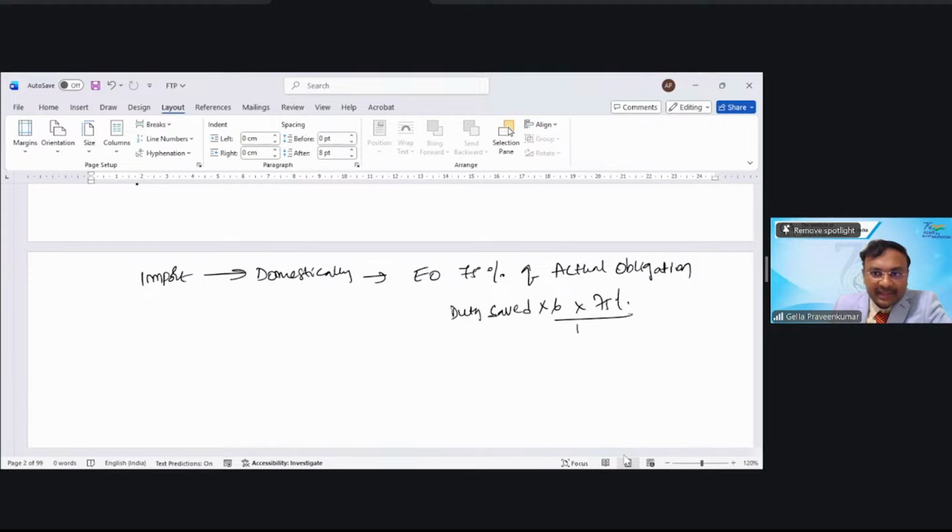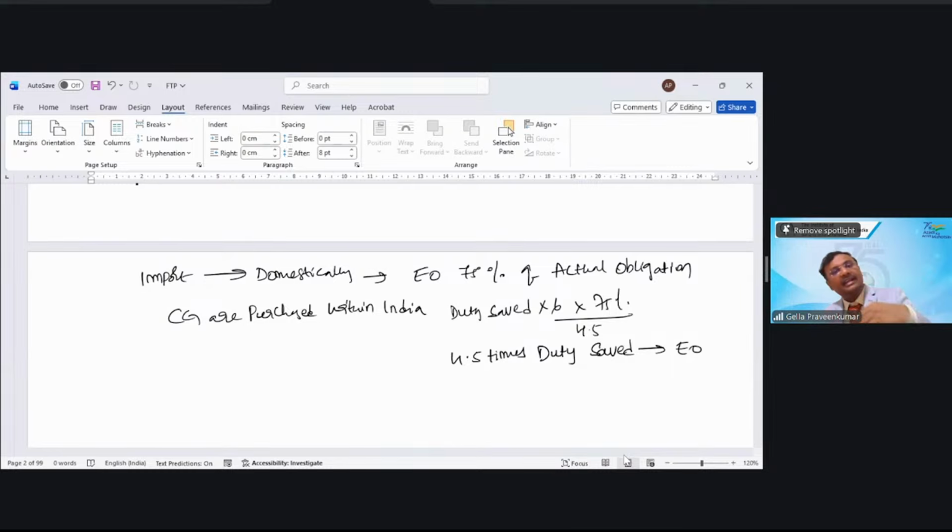So 6 into 75% gives 4.5. That means 4.5 times duty saved is my export obligation when the capital goods are purchased within India. If the goods are imported from outside India, it is 6 times. 75% of 6 is 4.5. So if I have purchased goods within India, my obligation is less than 6 times, that is 4.5 times the duty saved.